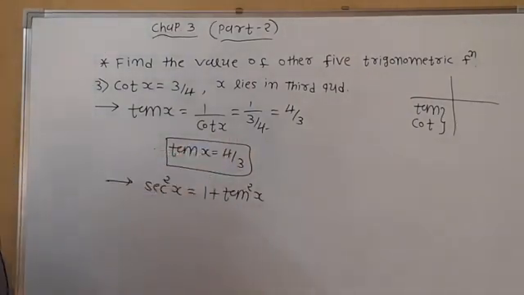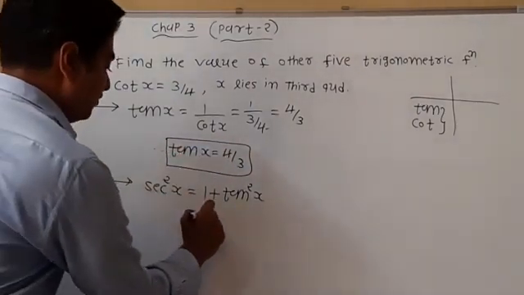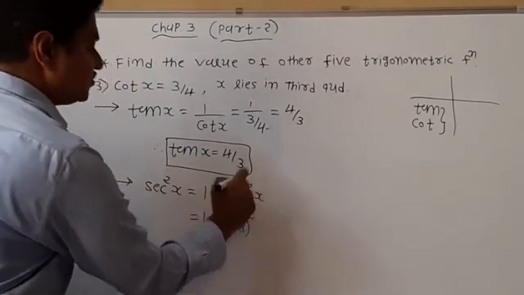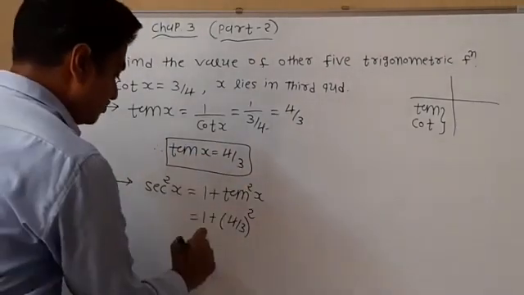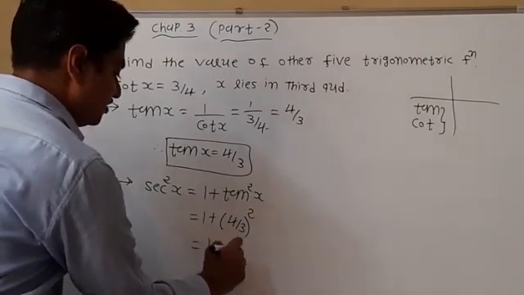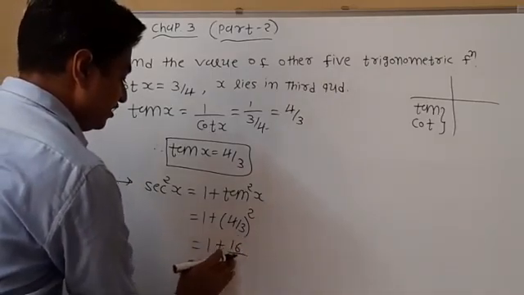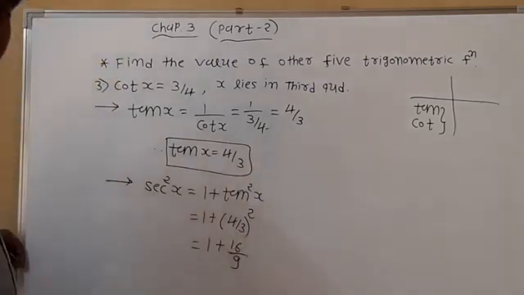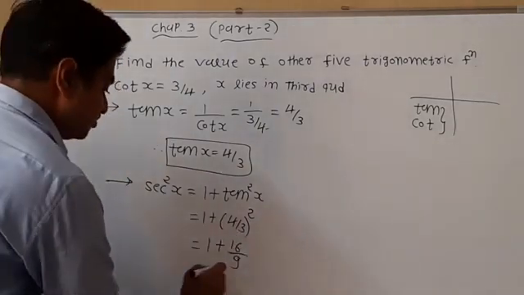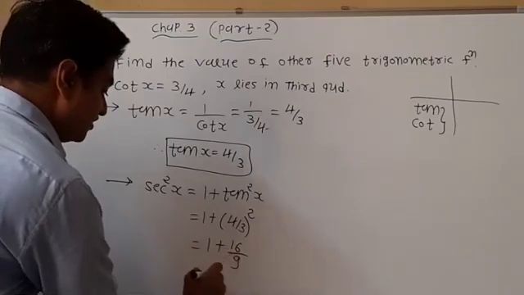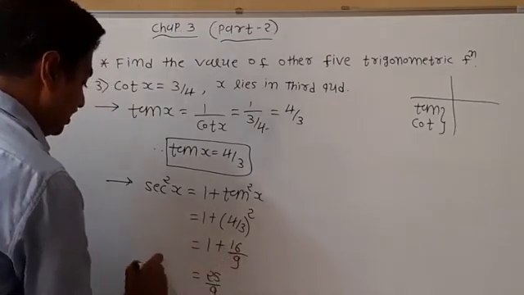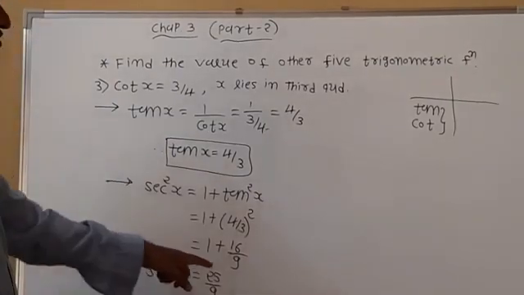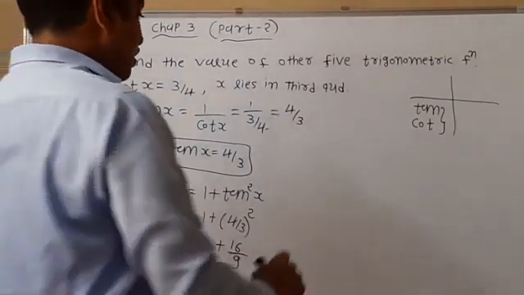Now in place of tan x write 4 by 3. So 1 plus 4 upon 3 whole square, which is equal to 1 plus 16 by 3 square, that means 9. Now take LCM. So 9 plus 16, that means 25 upon 9. So here we get sec square x is equal to 25 upon 9.